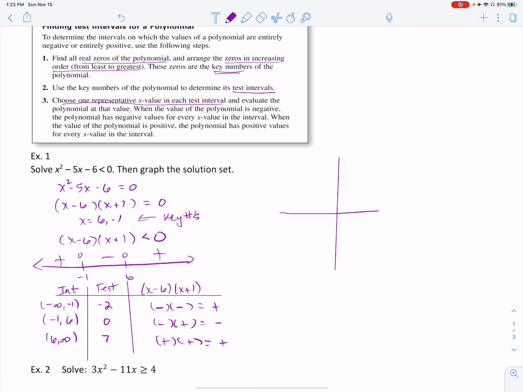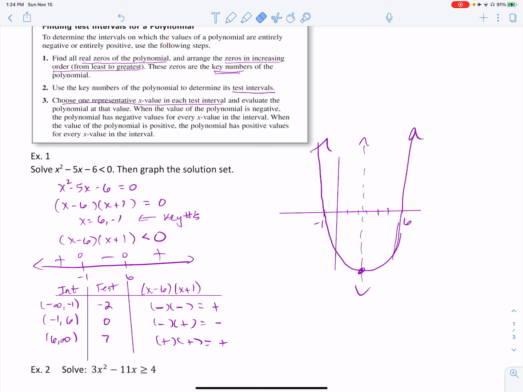So if I was thinking just about a very rough sketch, we have at negative 1 and at 6, intercepts, and halfway in there, 6 and negative 1 is 5, so at about 2.5, we have the axis of symmetry. And somewhere on there's a vertex, but it's opening up. So I've got this polynomial that would be graphed something like this. It's just an idea, just to kind of bring this home.